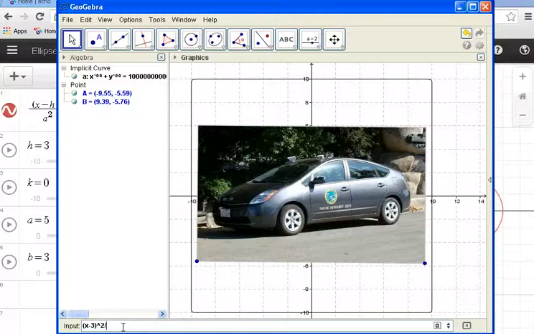Yeah, my A number is 5, so 5 squared over 25, plus y minus 0 squared over, this is 3 squared, so I'm going to put 9, equals 1. I'm going to enter that.